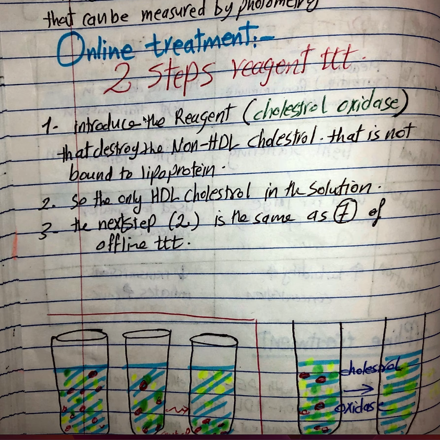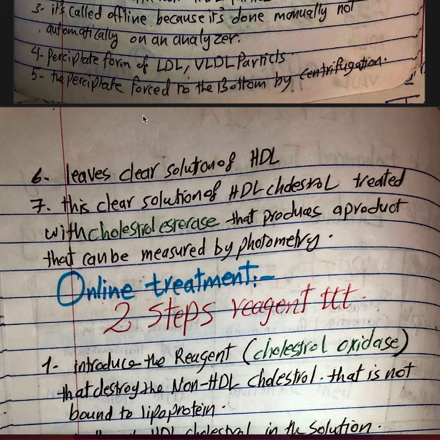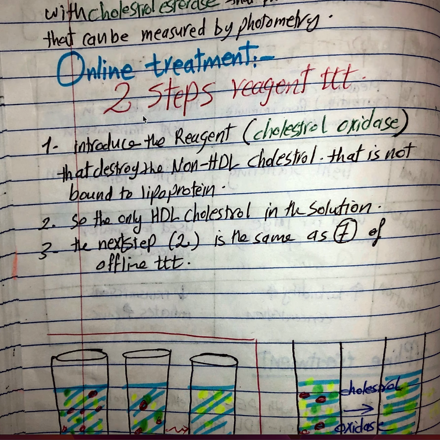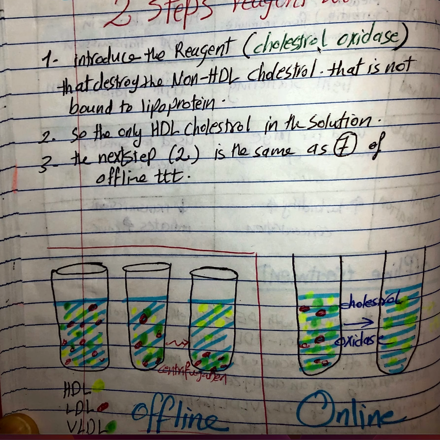Then I'm talking about the online treatment. There will be two steps. We introduce the reagent cholesterol oxidase, which destroys the non-high density lipoprotein cholesterol, so the only one present in the sample is high density lipoprotein. Then we add the cholesterol esterase enzyme, which leads to the production of a product that we can measure by photometry. So here we didn't put polyethylene glycol.